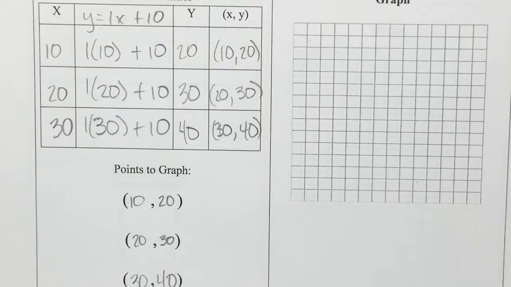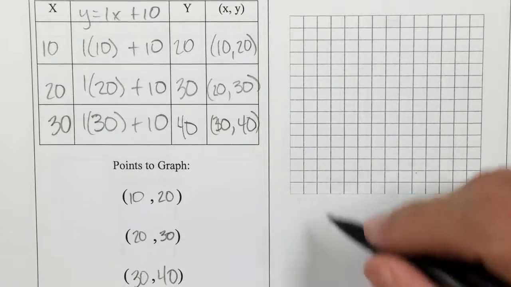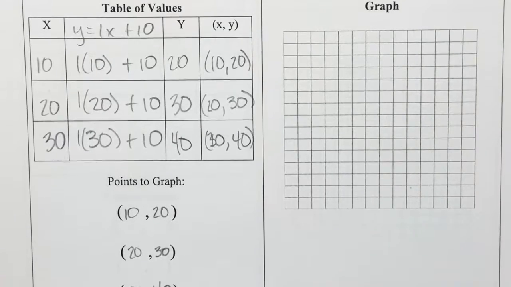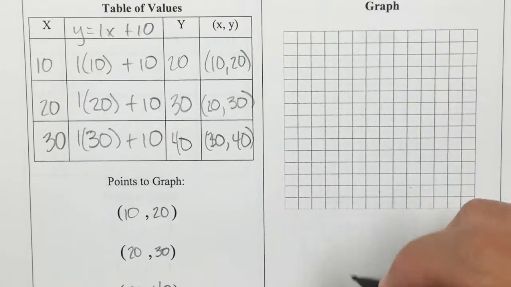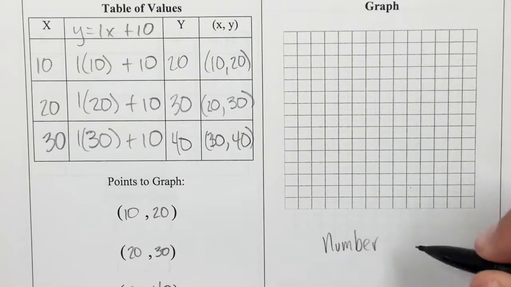All right. Now we're going to graph this. We got to label our axes. The x values, look up at the top of your paper. The x is going to be the number of miles towed.